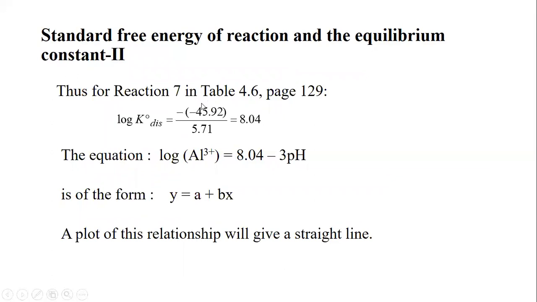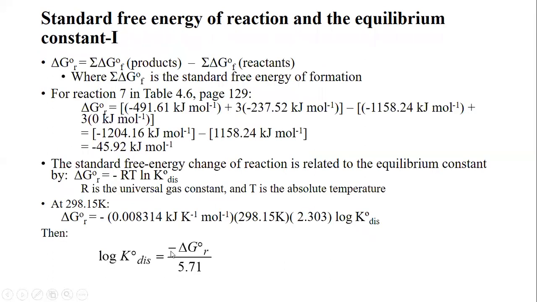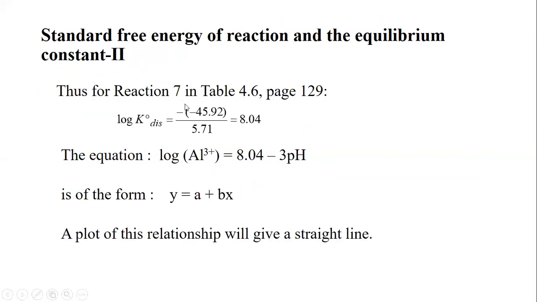Don't forget the negative here, it is there in the equation, and the value we calculated is negative. So minus, open parenthesis, minus 45.92 over this constant. So log K0 equals 8.04.